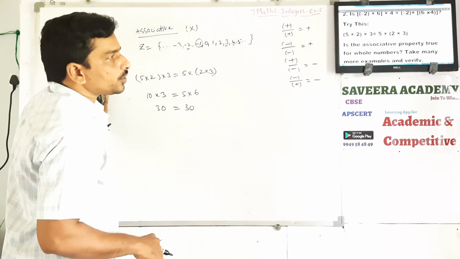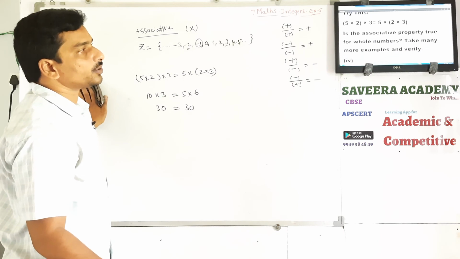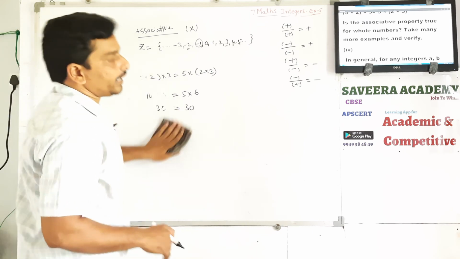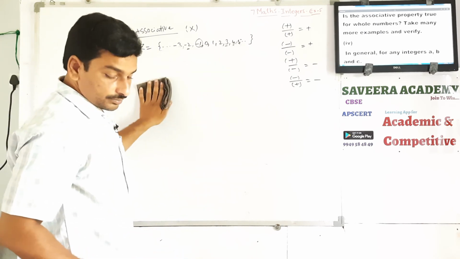So is the associative property true for whole numbers? Yes, in the case of whole numbers also it is true, because these are also whole numbers. Yes or no?